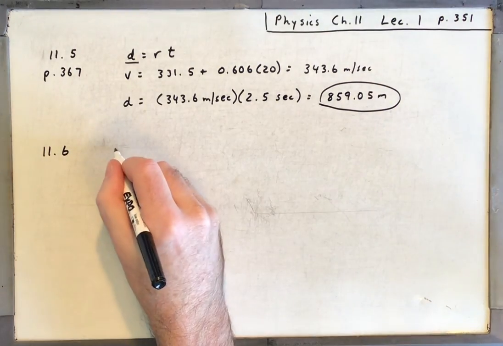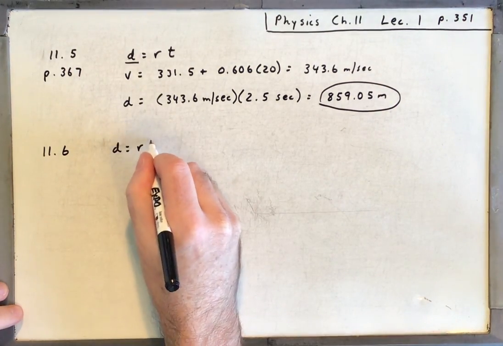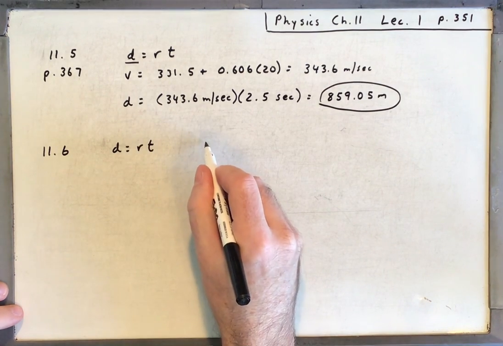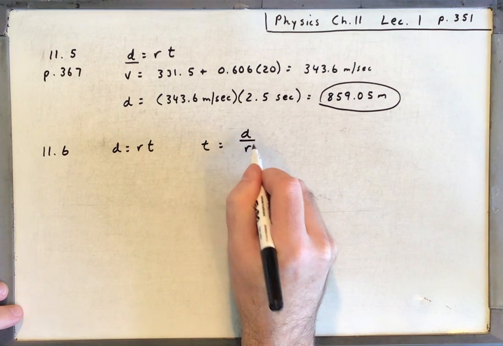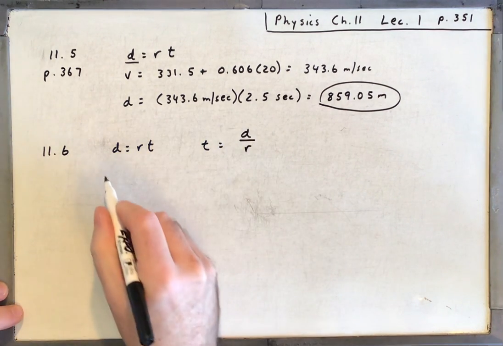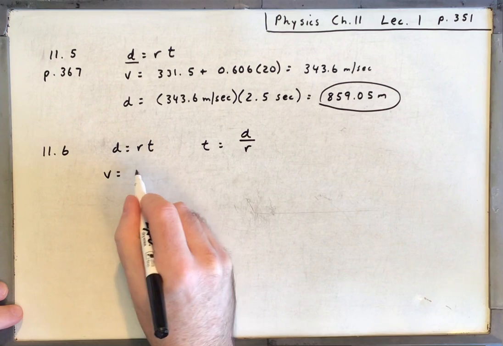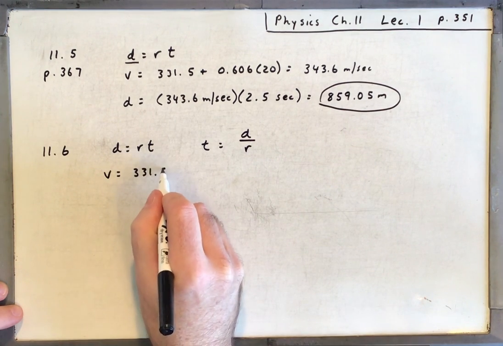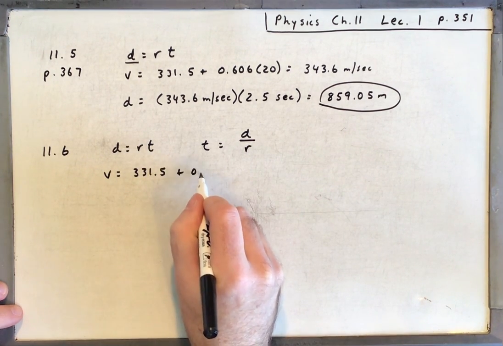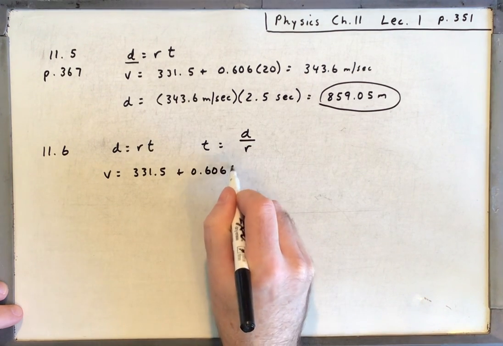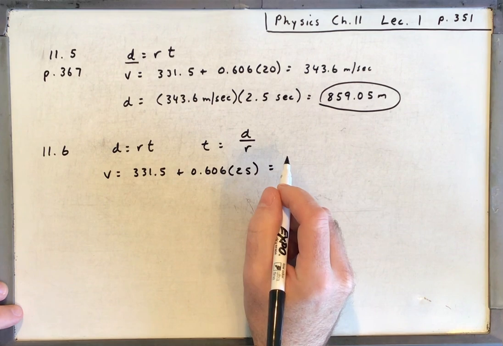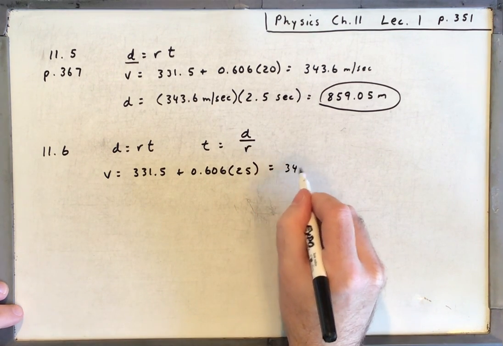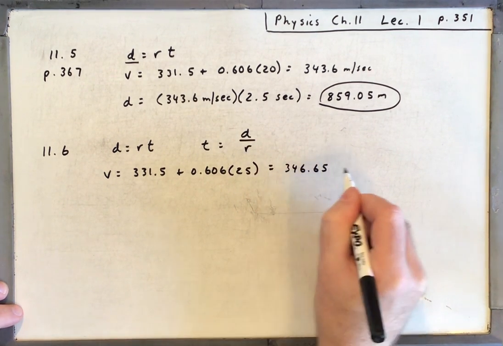All right, we're going to start with our distance equals rate times time equation again. We want to know the time. Distance over rate. We know the distance. Let's get the rate. We know velocity or the rate is 331.5 plus 0.606 times 25. So that is going to be 346.65.